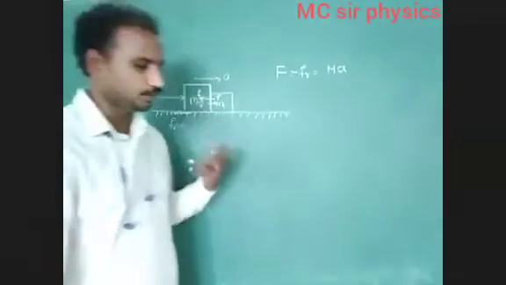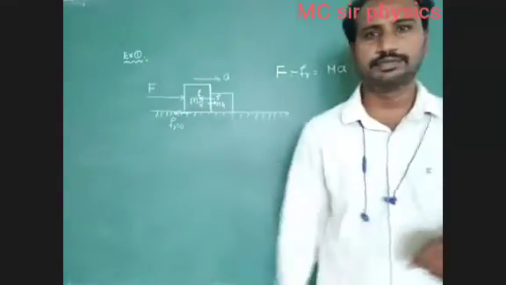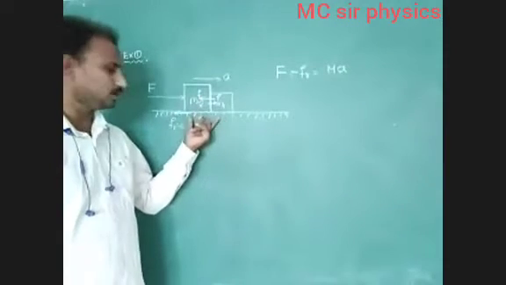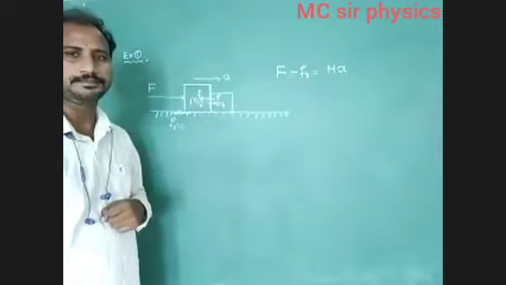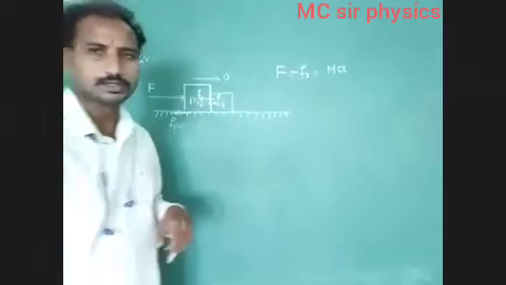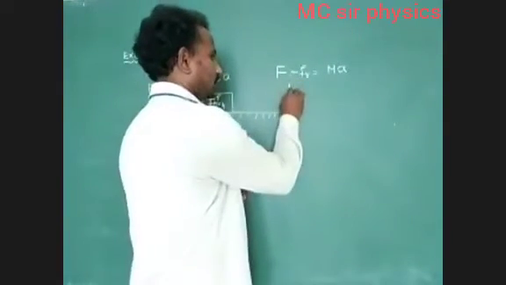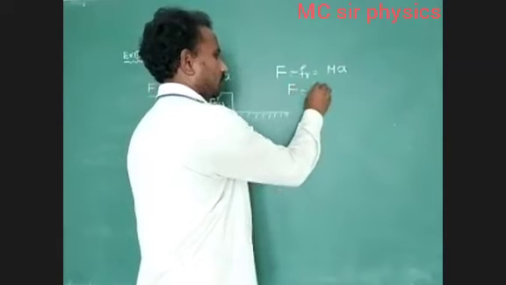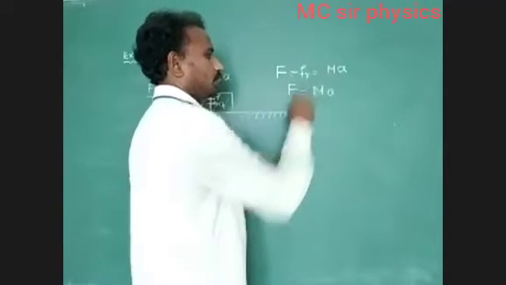Unbalanced force can produce resultant force. But here we consider that the surface is frictionless. A frictionless surface provides frictional force equal to 0, right? F equal to capital M into small a.